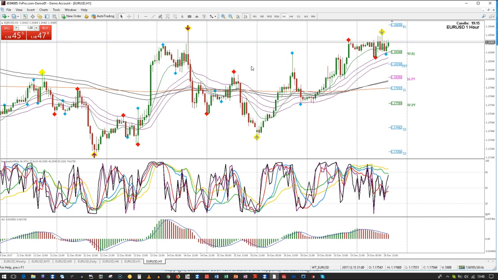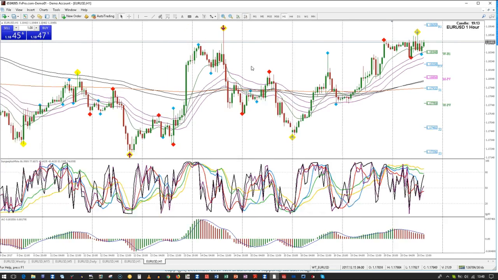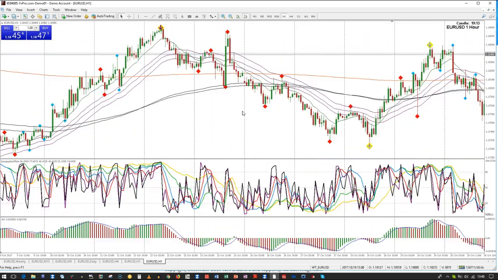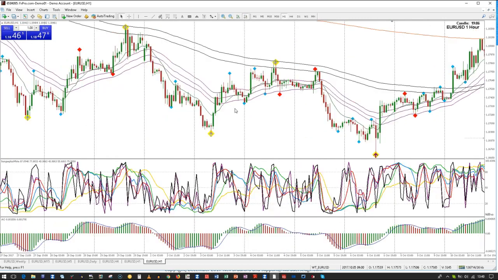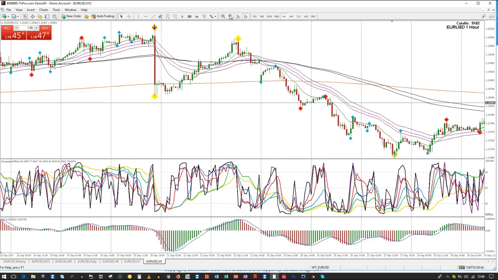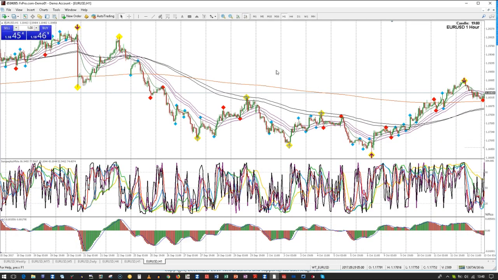I'll stop it scrolling and we'll whiz back and we'll see it in action. No, hang on, we'll do it on the chart itself with the orange line.